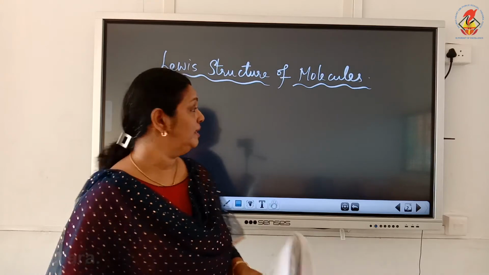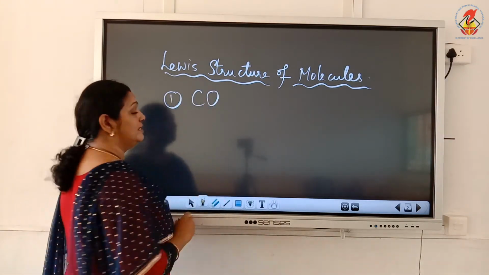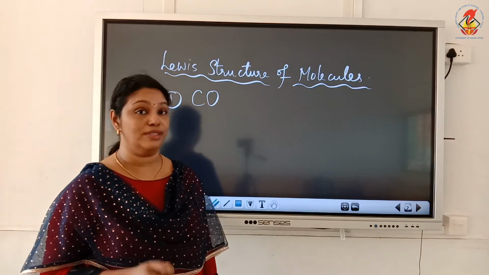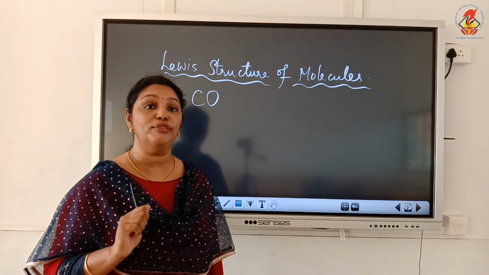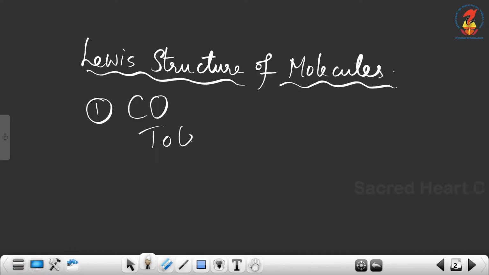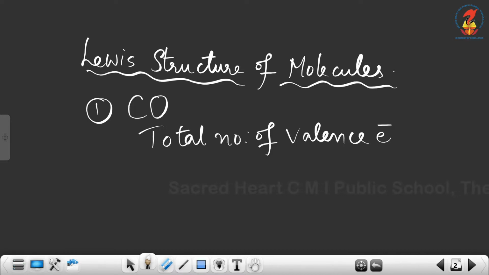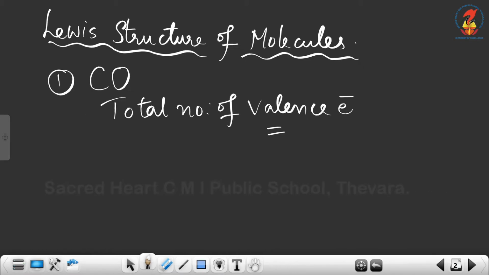The first example is CO. CO is carbon monoxide. Now, the first step is to calculate the total number of valence electrons in CO. So, the total number of valence electrons is equal to carbon, you know the number of valence electrons in carbon is 4, plus oxygen, the number of valence electrons is 6.